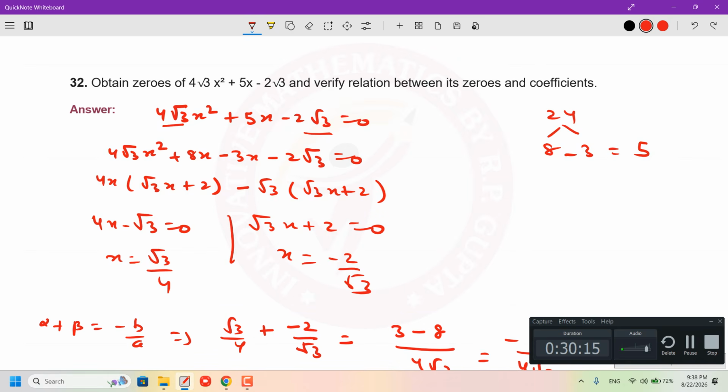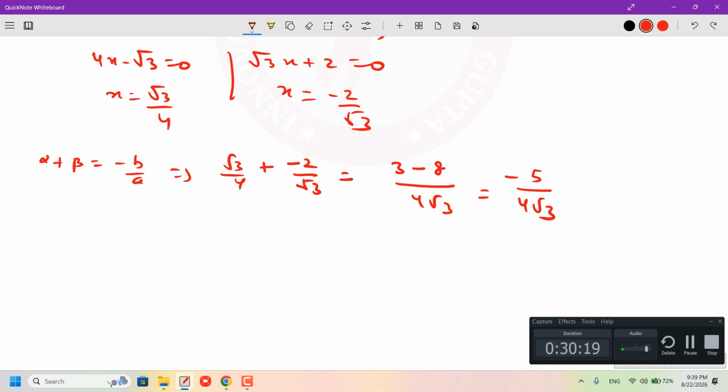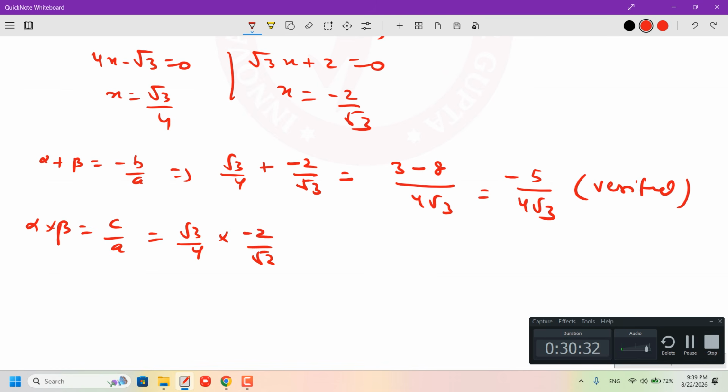So b upon a आया, देखो माइनस बी बाई ए आ गया ना. So verified. Alpha into beta is equals to c by a, that is root 3 by 4 into minus 2 by root 3. ये कट गया, ये 1, ये 2, so minus 1 by 2.